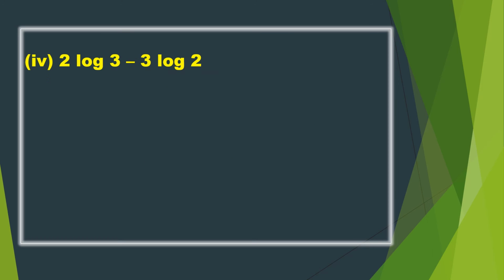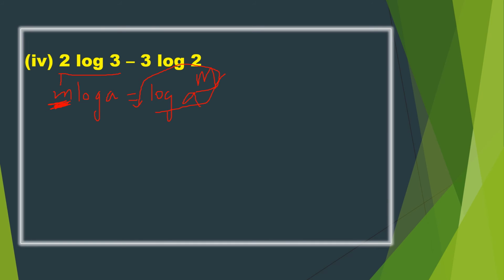Don't confuse, just write this in terms of variables. Instead of 2 I'll write m, here log I'll write log only, and instead of 3 I can write a, x, whatever it is. So m log a, what will go to the front of log? The power only. So this m I'll write as a power, so log a power m.